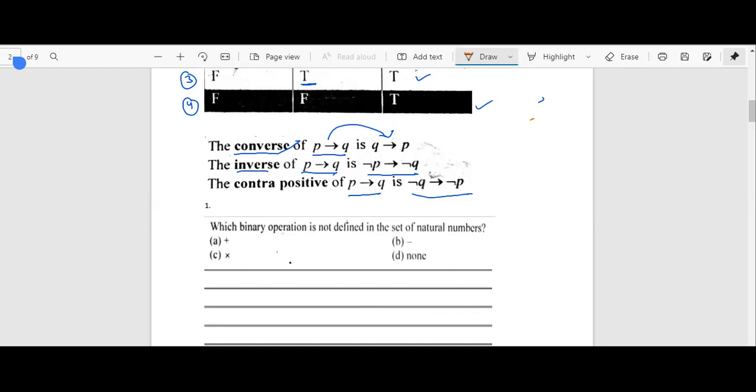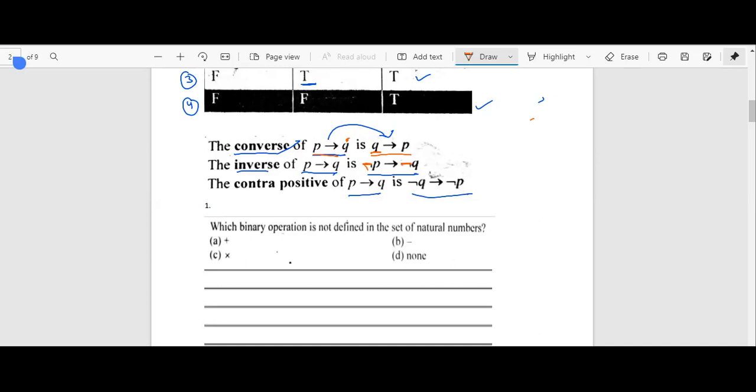If you have P implies Q, the converse would be Q implies P. The statement which is coming after the arrow is coming in the beginning, right? Then if you have P implies Q, the inverse is just like the statement itself, but you have minus signs now, okay? All right, so I'm just giving you some tips for learning this.